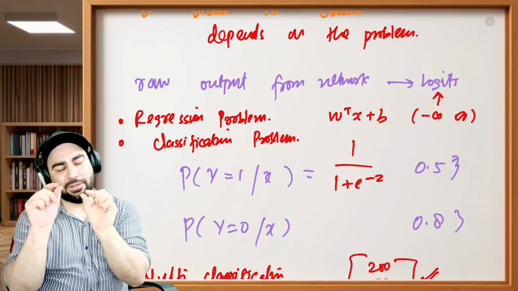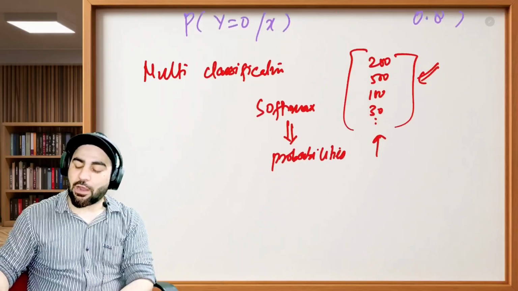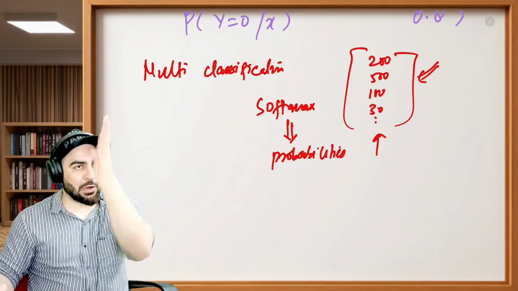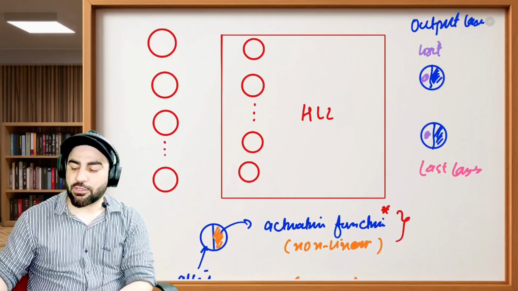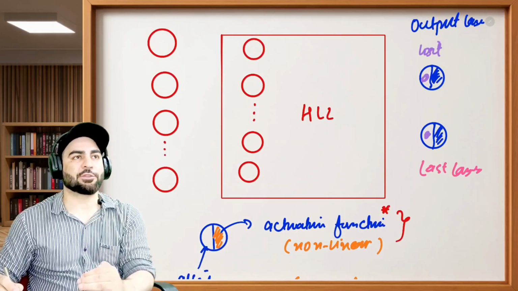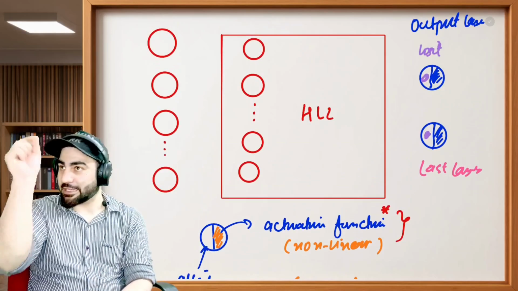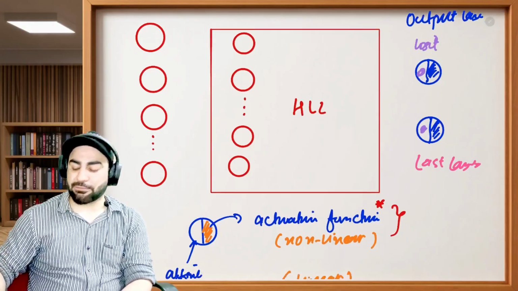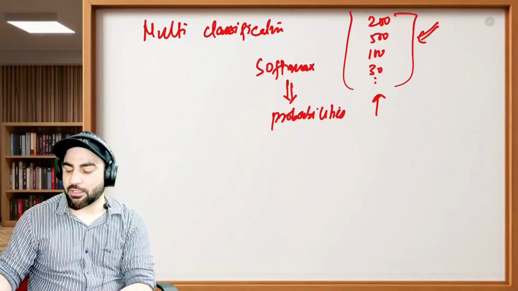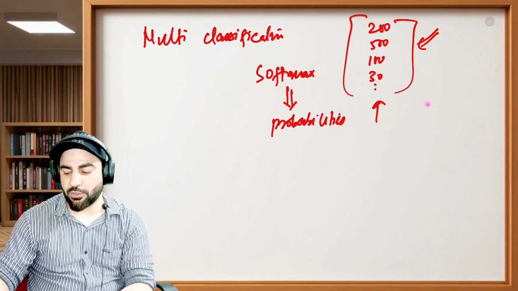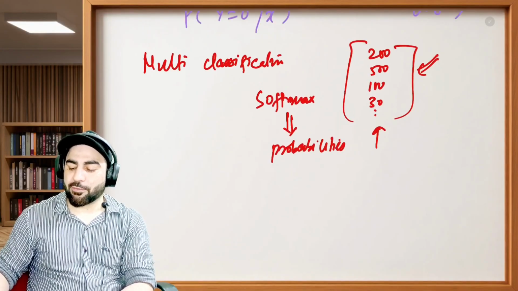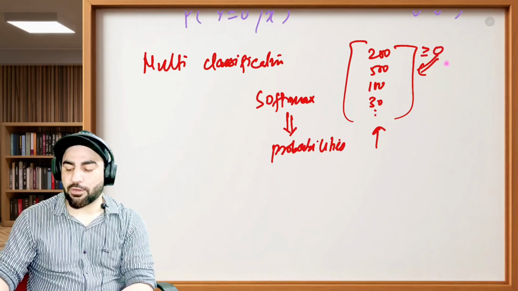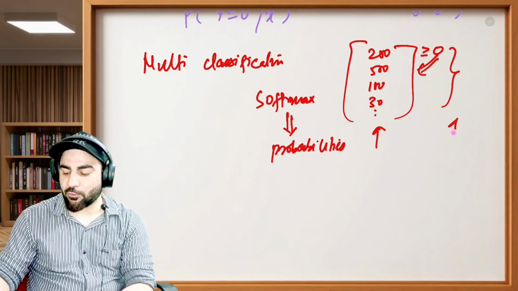When you apply softmax, you apply it on the whole output layer, which in this case contains 10 neurons. You get certain probabilities, each greater than or equal to 0, and when you sum all of them together, you get a total probability equal to 1.